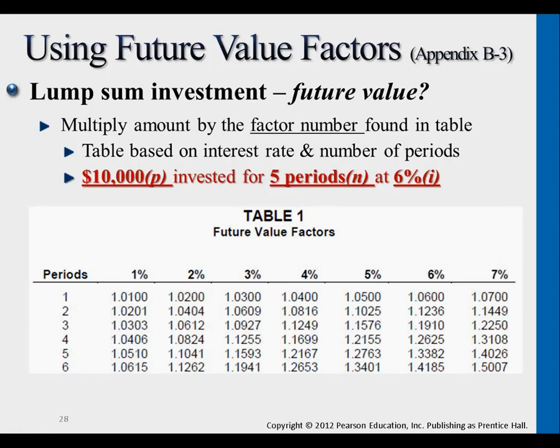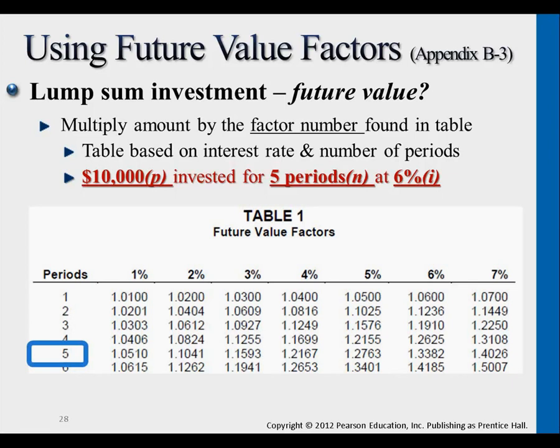Let me explain how to use this. The table is based on interest rate and number of periods. As I said, let's invest $10,000. We know it's 5 periods, that's given to us. We go down the table and choose 5 periods, 5 years, in our case a year.